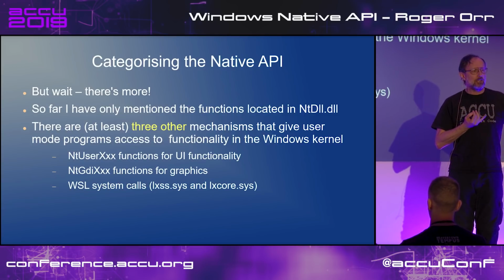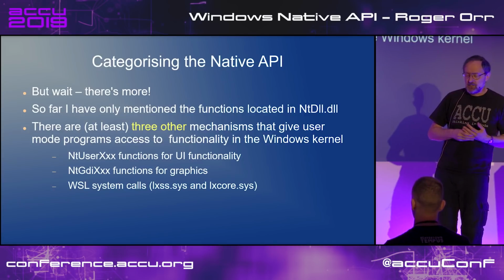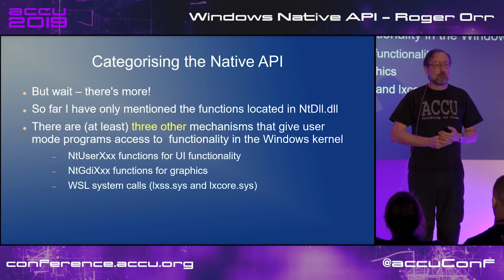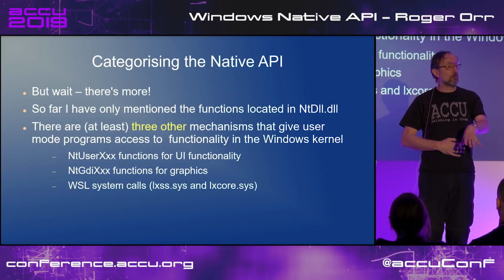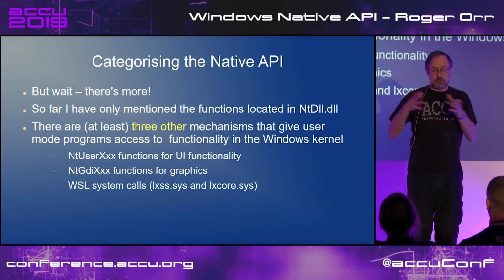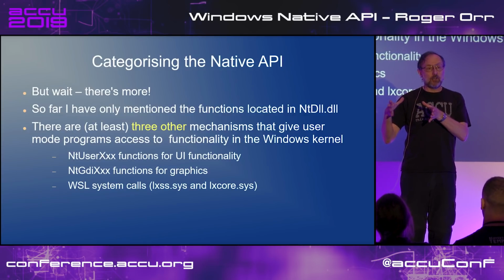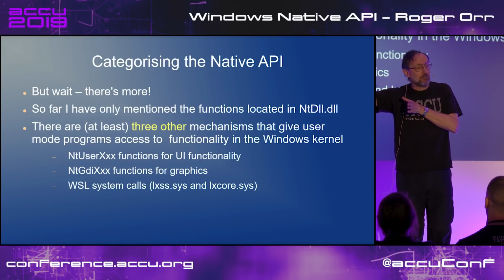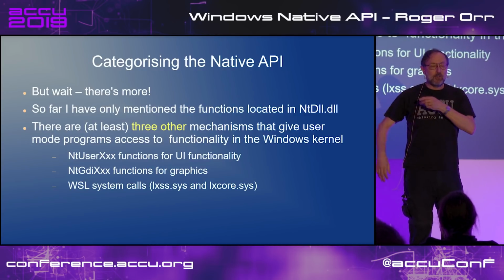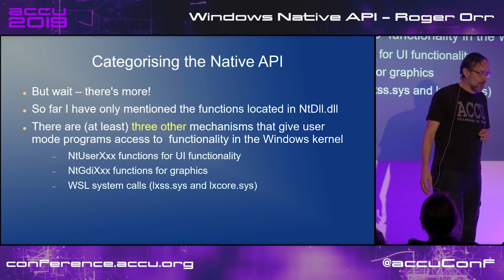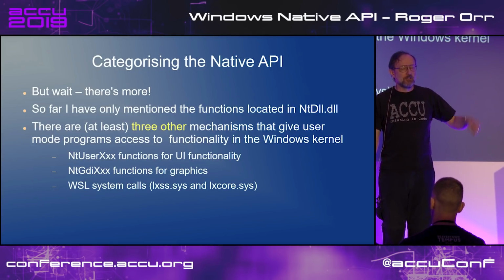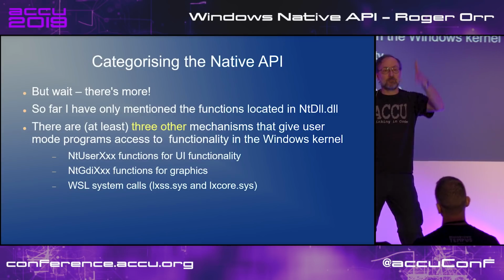It's got this kind of GUI thing, and originally that was a completely separate and kind of user mode thing, but very rapidly, for performance reasons, a lot of it got implemented in the kernel, and they wanted a quick way of getting from user space to kernel space. So they took exactly the same model, and there's a whole another set of functions, NtUser and NtGdi, that have another range of numbers. They start at 0x100 something.